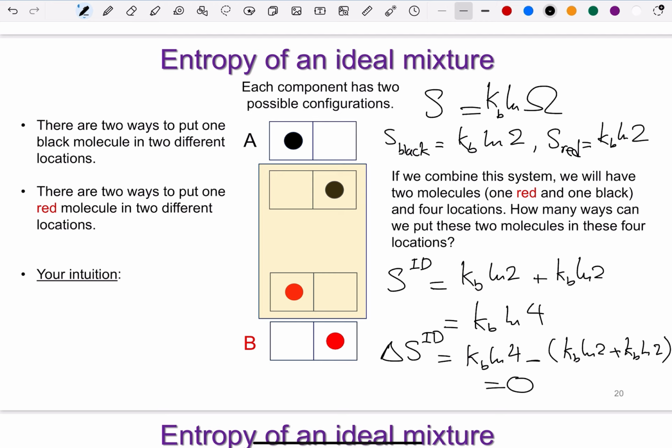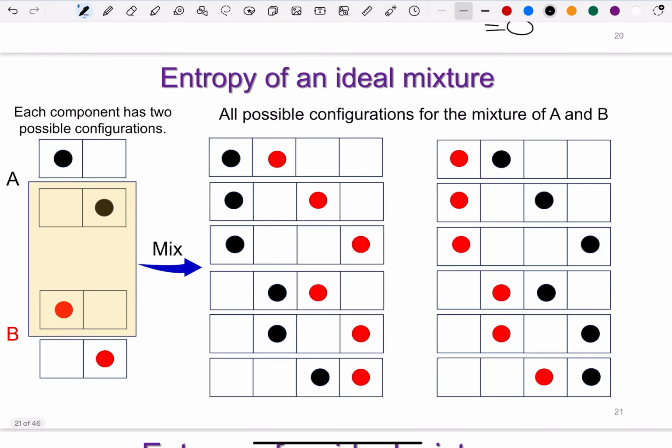Individual components are fine. So I have only 2 microstates. But once I'm mixing them together, each subsystem has 2 positions, right? So let's look at this. How many microstates do I have? These are the microstates I'm going to have. The number of ways that I can arrange them is not going to be just 2 plus 2.